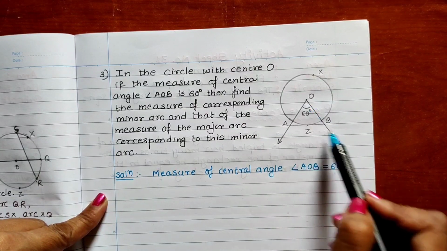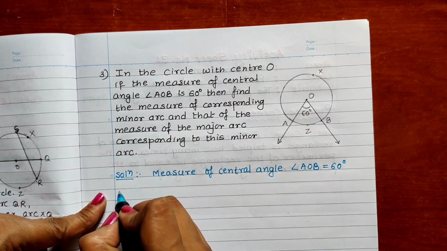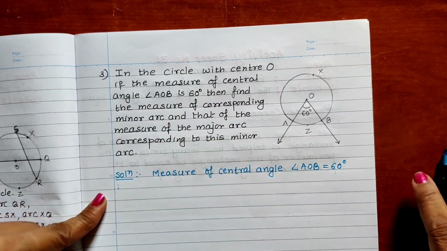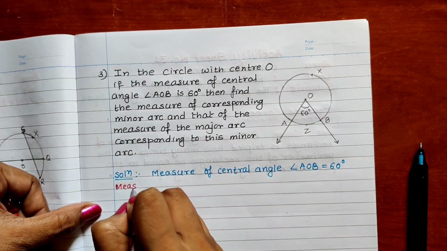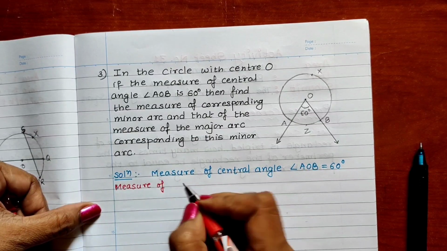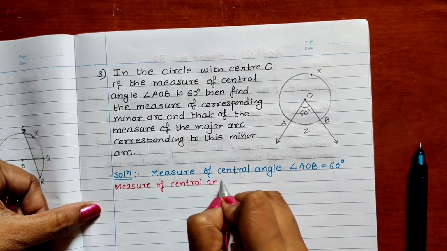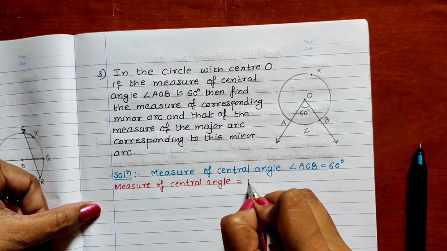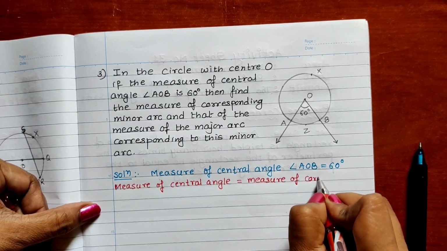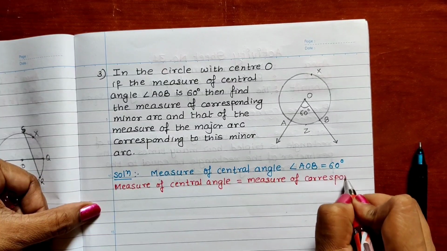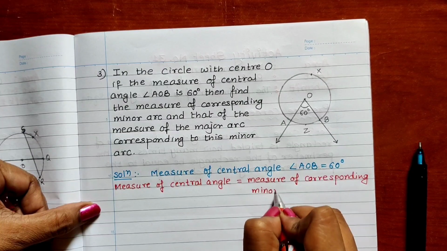We all know a central angle and its corresponding minor arc are always equal. So here I will be writing measure of central angle is equal to measure of corresponding minor arc.